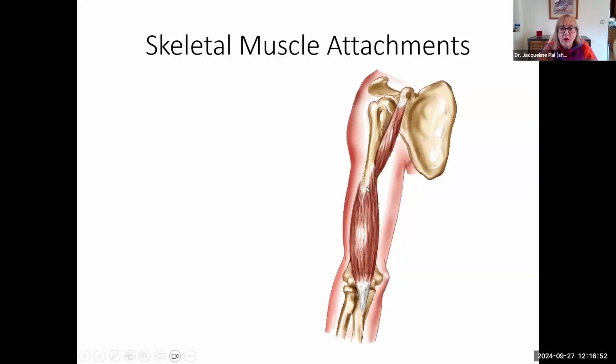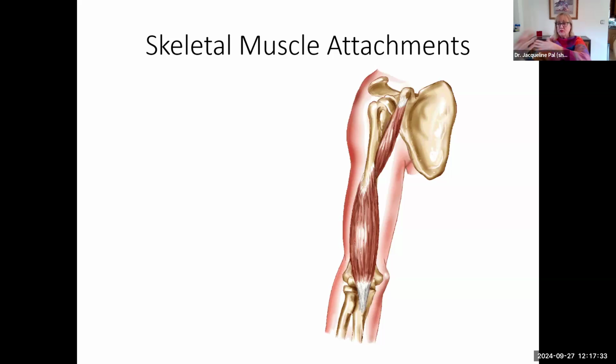Okay. And so when we are flexing this muscle, what we know is we are moving the forearm closer to the arm. So this muscle is attached to the humerus and it's attached to the ulna. So we're going to move the ulna closer to the humerus. Whereas this other muscle is going to be attached to the scapula and to the humerus. So when we look at muscles, we have to look at where they are attached. And of the two attachments, which place can move more?